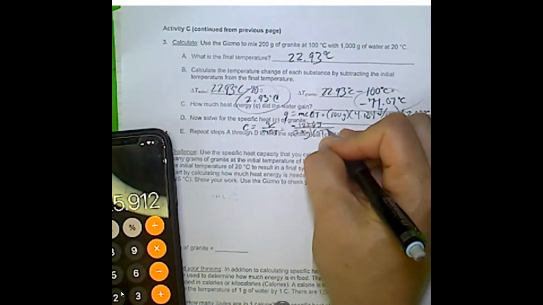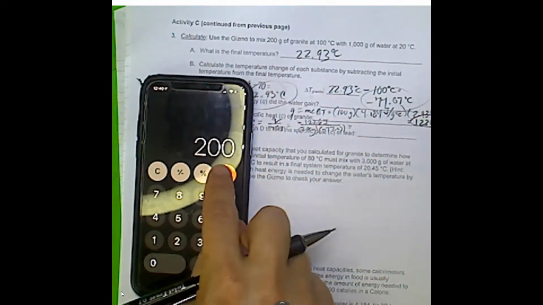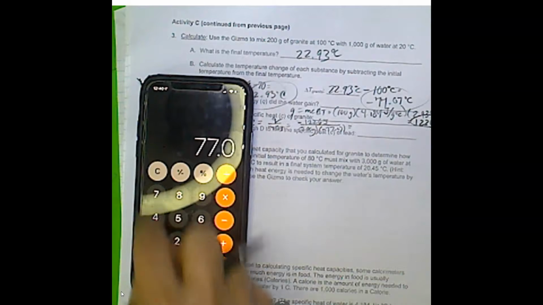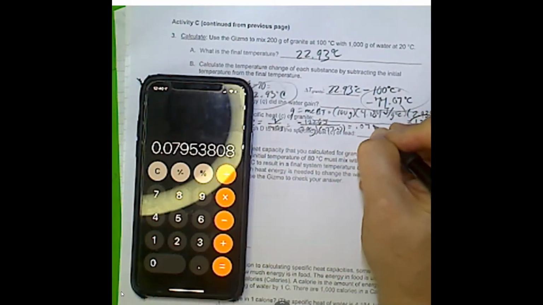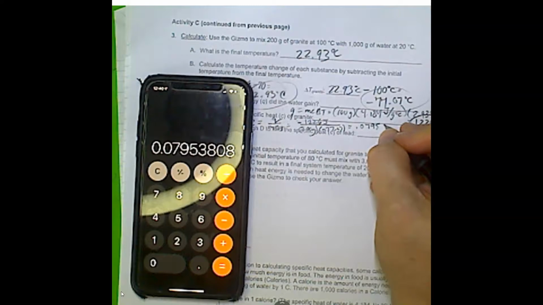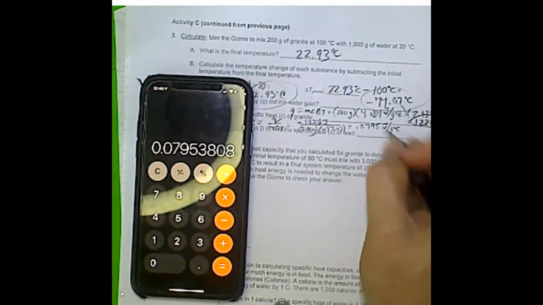And the delta T was negative 77.07. And we get 1,226 divided by 200 divided by 77.07, and we get 0.0795 joules per gram degrees Celsius, a very low specific heat, which is what we expected.